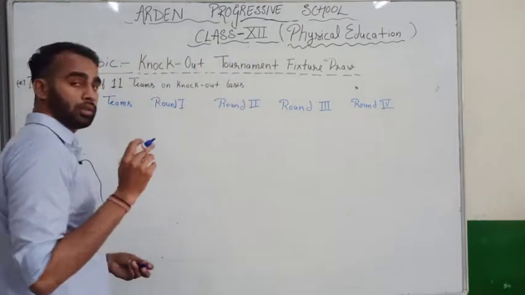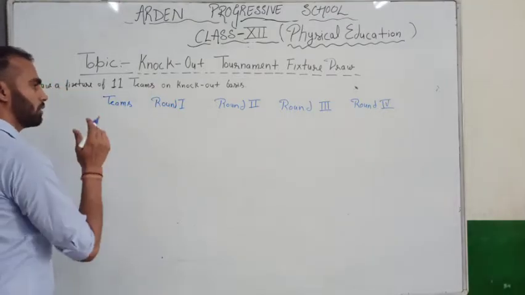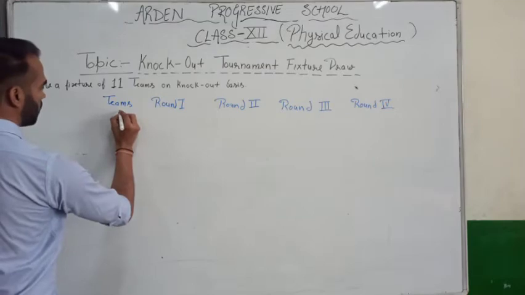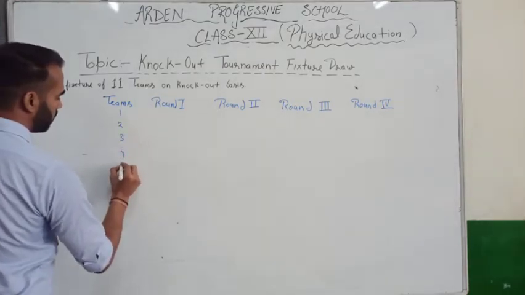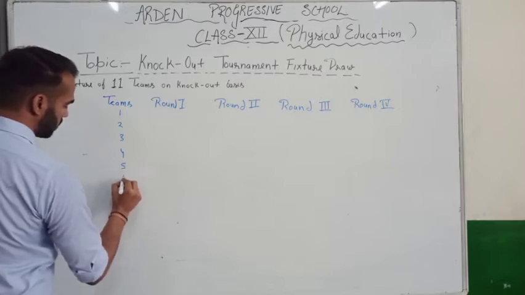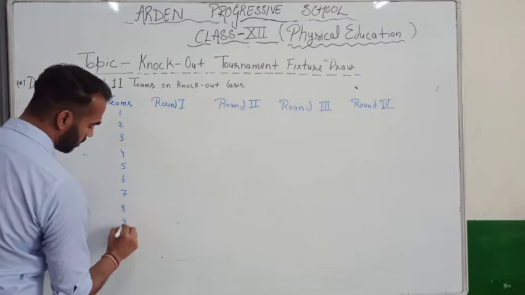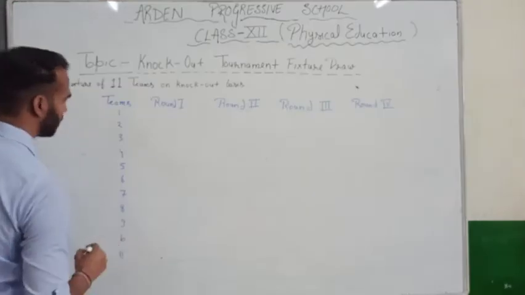In this picture there are 4 rounds. First we write the number of teams. How many teams are there? 1, 2, 3, 4, 5, 6, 7, 8, 9, 10 and 11.